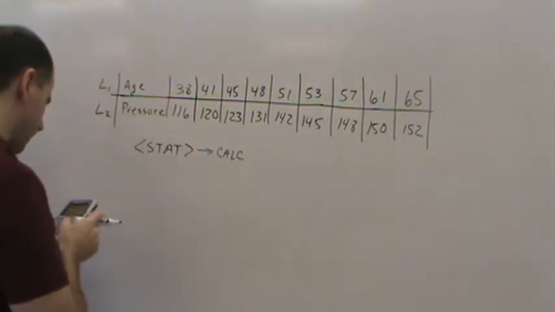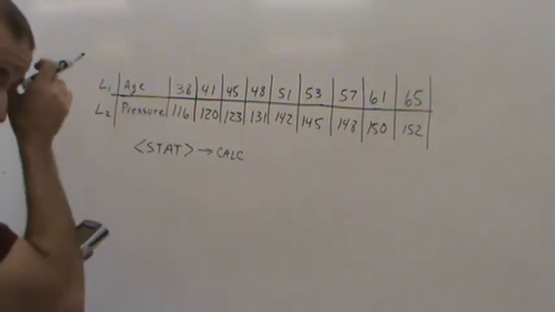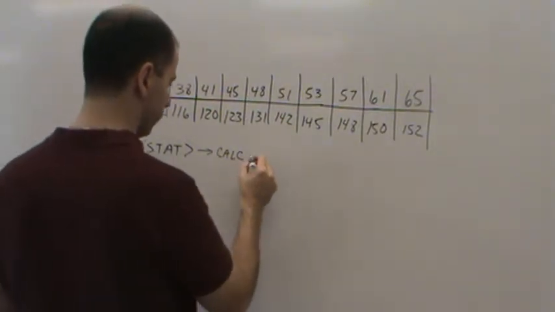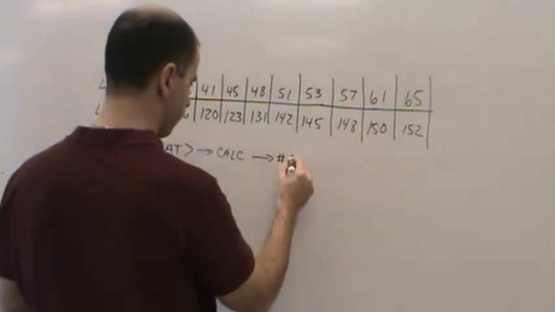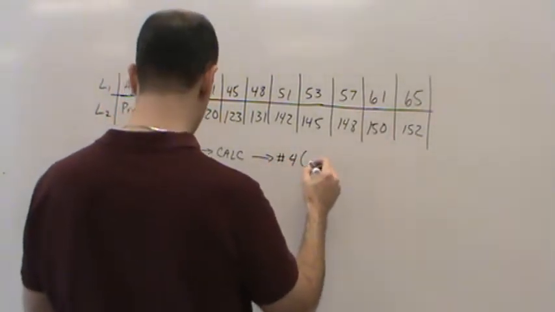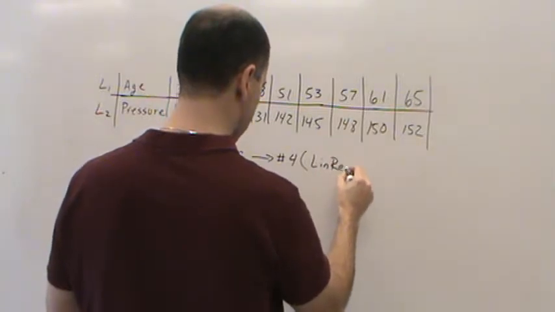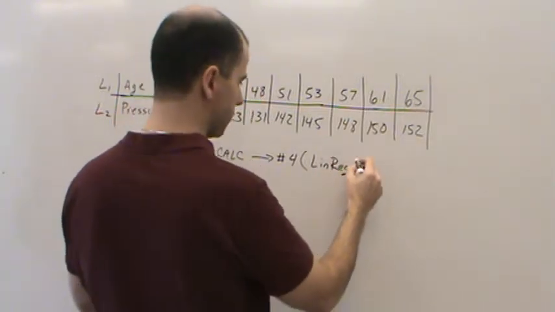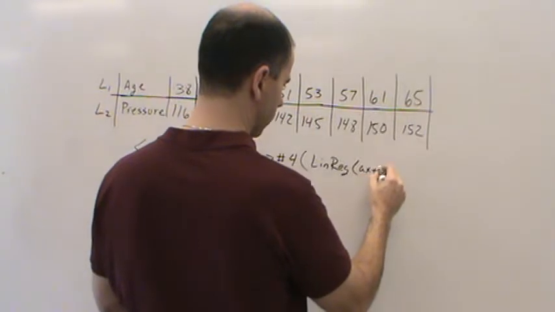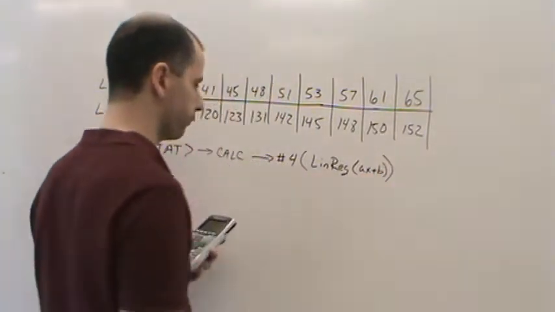Okay, and under Calc, we want to go to number 4, which is LinReg, and it's ax plus b. We'll talk about that, ax plus b, later.